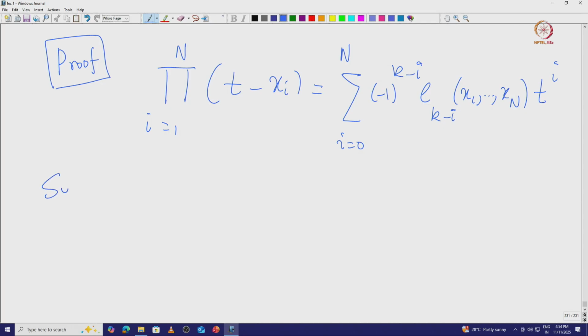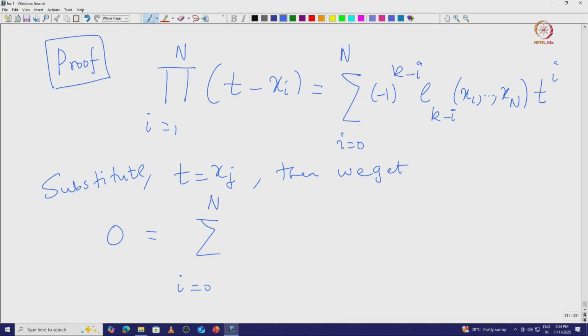If you substitute t equal to x_j, then on the left hand side we get 0, but on the right hand side we get the summation over i from 0 to n of (-1)^(n-i) e_(n-i)(x_1, ..., x_n) x_j^i. We get this for each j from 1 to n.